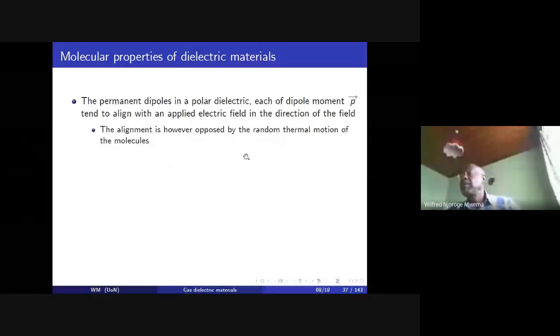We know that if the temperature of a material is different from absolute zero, there is thermal vibration of the atoms about their equilibrium position, say in a solid, or thermal movement of the molecules in a gas. And this will oppose the alignment of the dipoles.